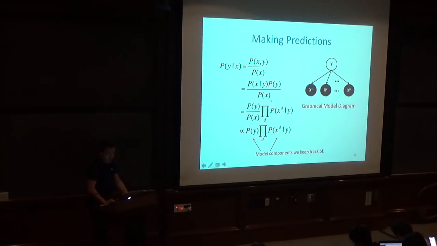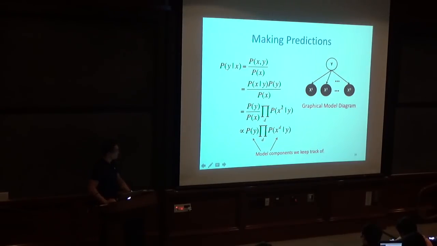And now I'm going to invoke the naive Bayes assumption. Nothing here is particularly special in the first two equalities. In the third equality, I invoke the naive Bayes assumption. So P of x given y factorizes into P of x d given y for each dimension d of the x vector.